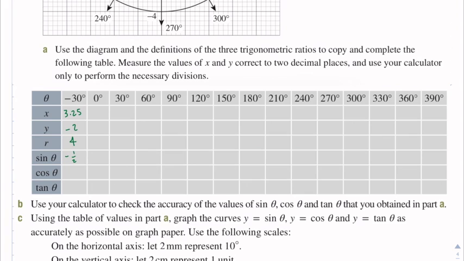Cos is 3.25 divided by 4, which gives me 0.8125. Now, technically that should have come out as 0.866, but you're going to learn that next lesson. You actually learned that last year. That's root 3 divided by 2. And tan is y over x, so we've got negative 2 divided by 3.25, which gives us negative 0.62.